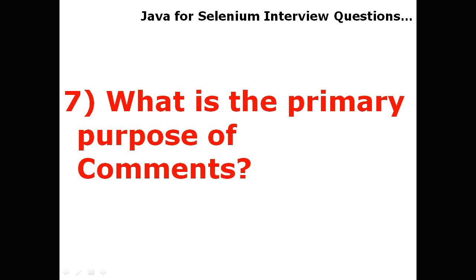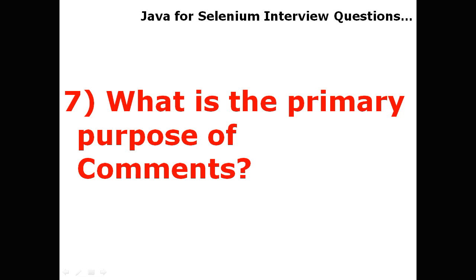Okay. Next, what is the primary purpose of comments? To make the code readable. Next, to make the code disabled from execution. First one, to make the code readable. This is the primary purpose of comments. In computer programming, there are two important things.